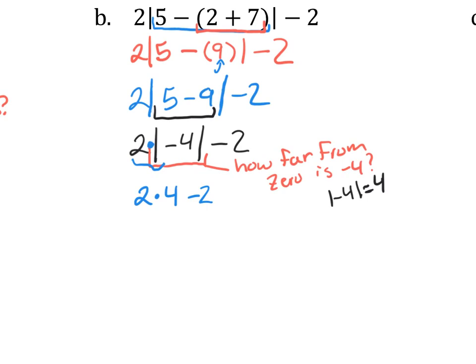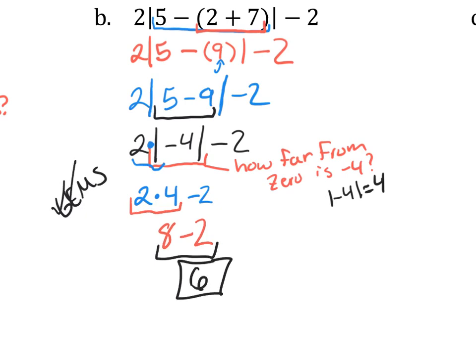Now going back through our order of operations, our gems: grouping's done. We don't have any exponents, but now we have some multiplication or division. We have this multiplication here we can do. So 2 times 4 is 8 minus 2. We're left with just that subtraction. 8 minus 2 is 6.